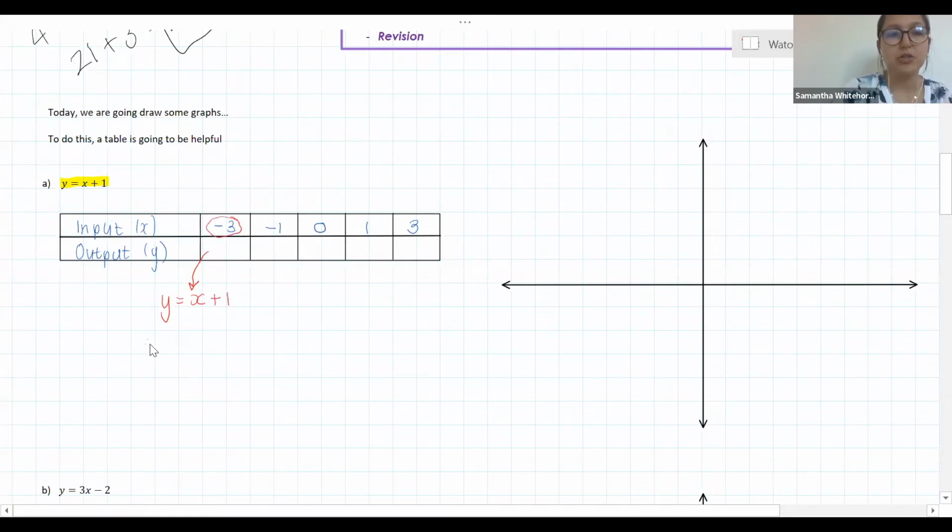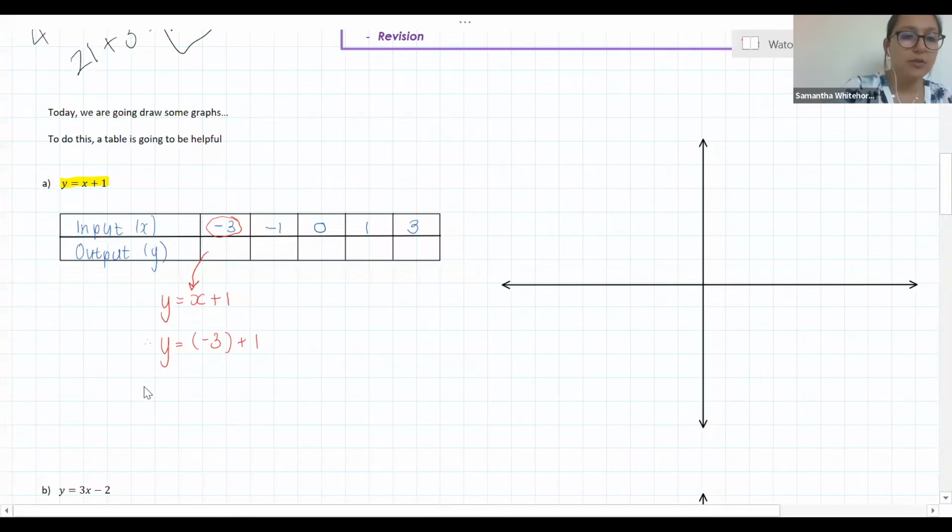So y is equal to (-3) plus 1. Guys, I'm using brackets to show that I'm substituting this value in. You don't have to use brackets, but it is quite useful when we substitute, just in case there's a multiplication or division we need to apply. In this case it's not super important, but it is helpful to use brackets.